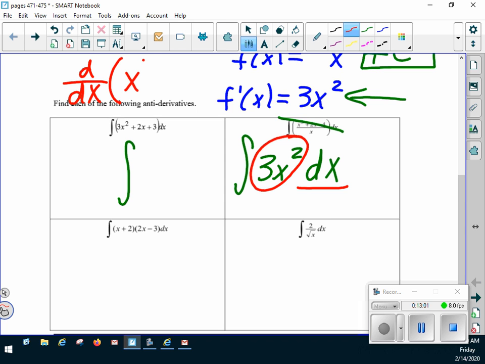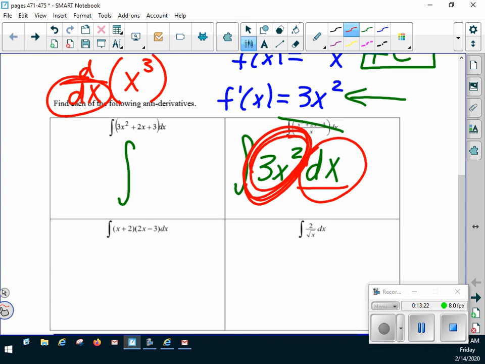That says the derivative with respect to x of x cubed. This means with respect to x. So don't let that bug you. All this means is I want to find what function has this as its derivative, and x is the variable I'm using.